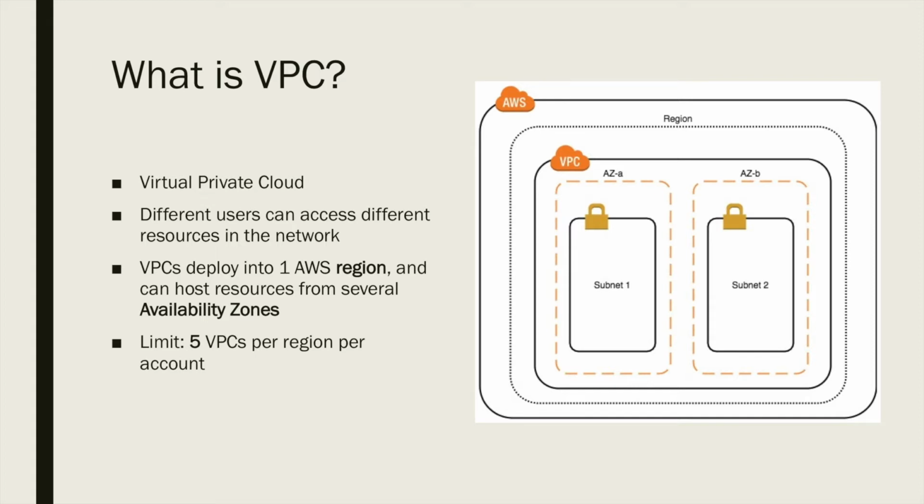VPCs deploy into one AWS region and can host resources from several availability zones. Note, there's a limit: for each region, each account, the maximum number of VPCs is 5.